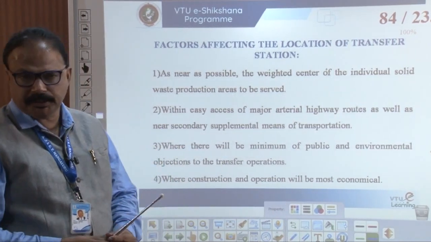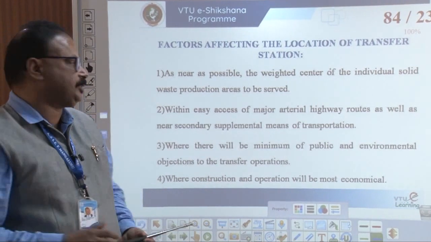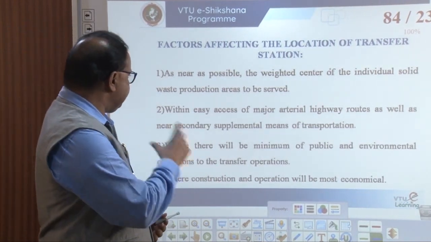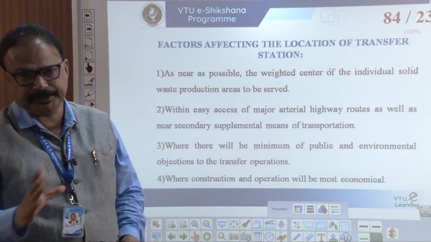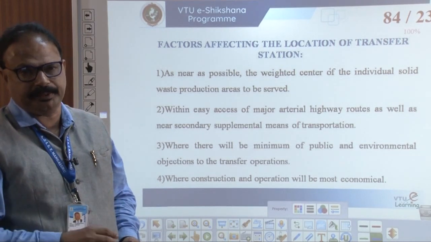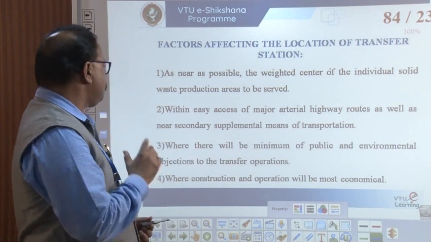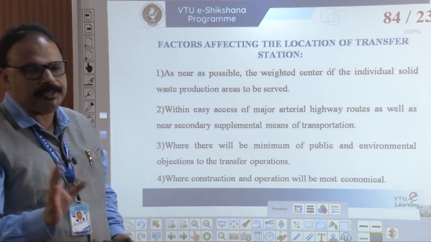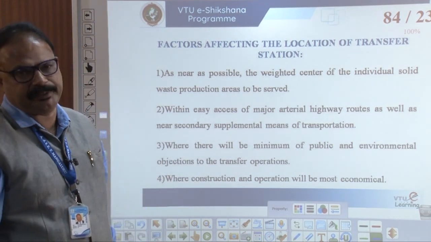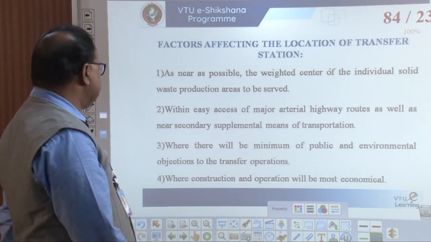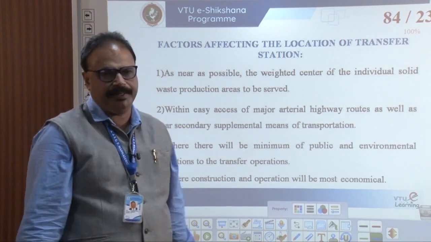Okay, factors affecting the location of the transfer station. The transfer station should be located as near as possible to the weighted center of the individual solid waste production areas to be served. The first factor is easy access to the highway.